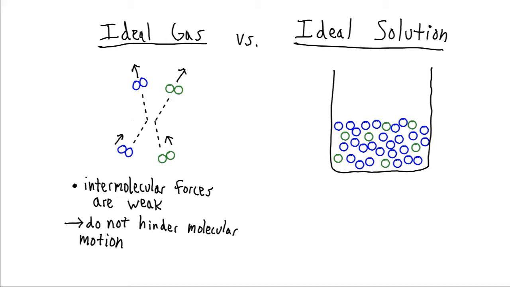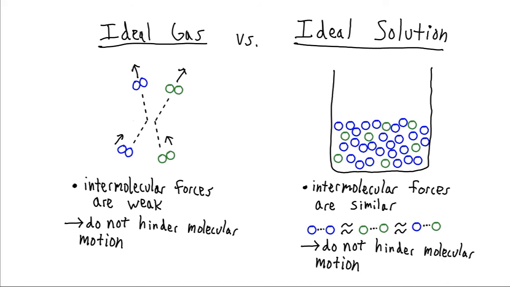Now, in an ideal solution, we definitely have strong intermolecular forces. That's what's holding all these molecules together in the liquid phase. But if we set up certain conditions, if we say that the blue molecules here have to have comparable intermolecular forces to the green molecules, and comparable intermolecular forces to the blue molecules interacting with the green molecules, then motion throughout this solution is going to be unhindered.